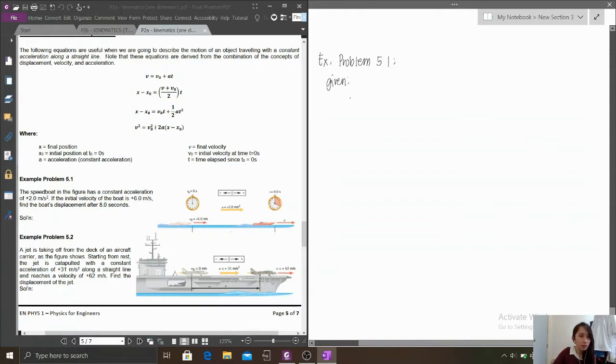Constant acceleration a is equal to positive 2.0 meters per second squared, since that is acceleration, and the initial velocity v sub o is equal to 6 meters per second. Find the boat's displacement after 8 seconds. So the time is equal to 8 seconds.